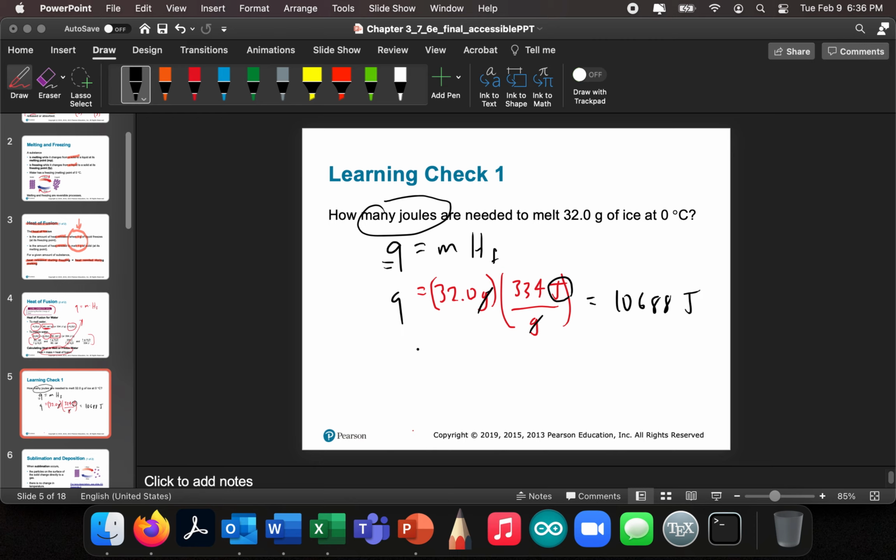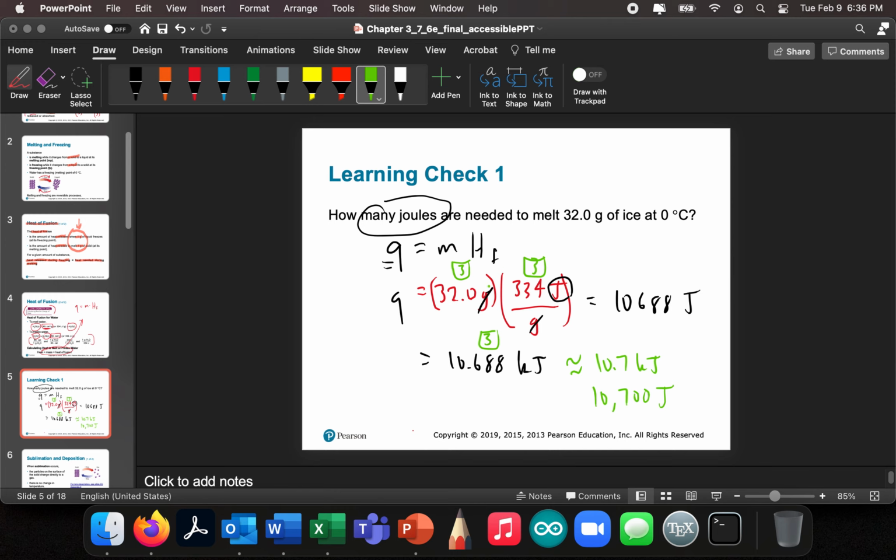That's Q. And so we might say it's 10.688 kilojoules. This was 3 sig figs, so I can only report this to 3 sig figs. So I'm going to say this will be reported as 10.7 kilojoules, or 10,700 joules, depending on how we want that to be reported.